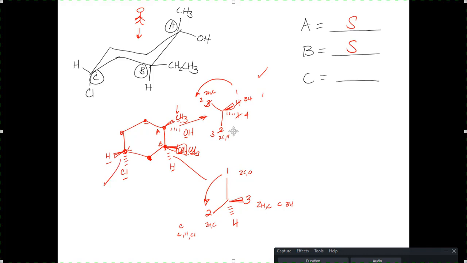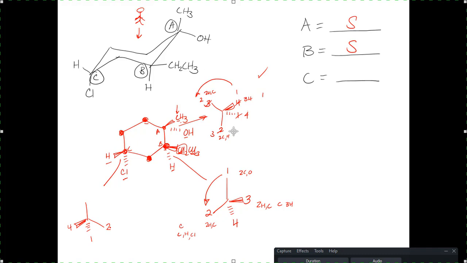And then finally, number 4. Number 1 priority group is chlorine. Number 4 priority group is hydrogen. CH2 versus CH2. Tie. Let's continue on. CH2 versus C with this alkyl group on it.